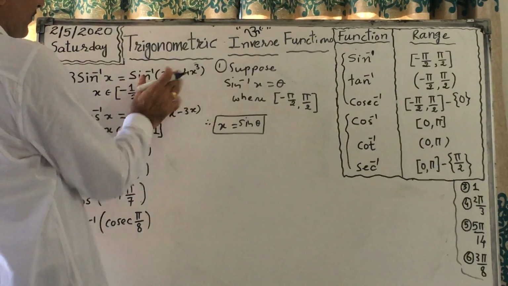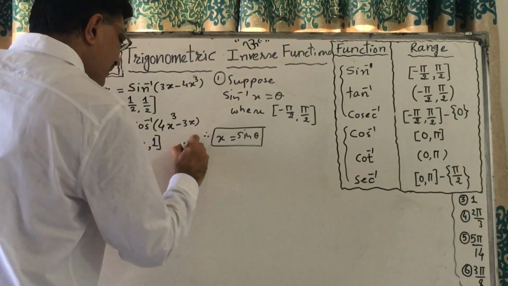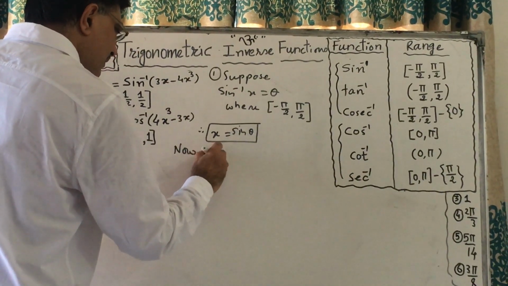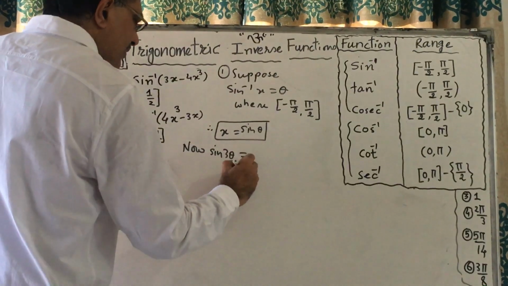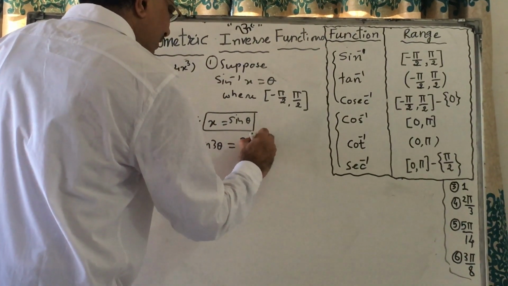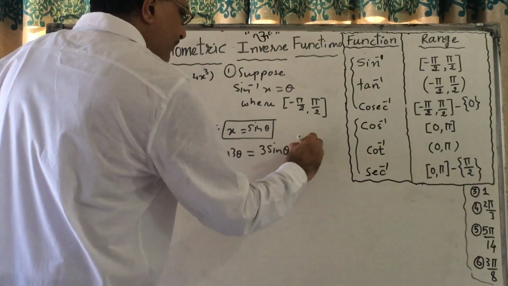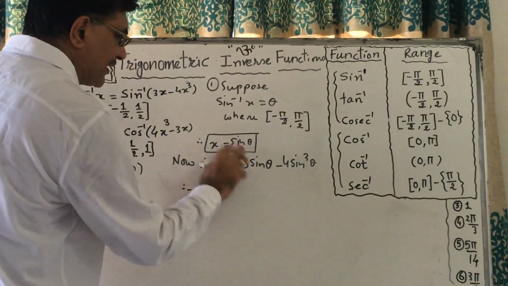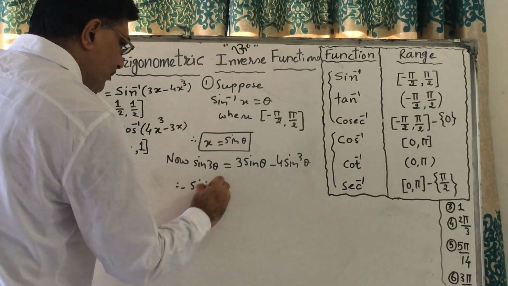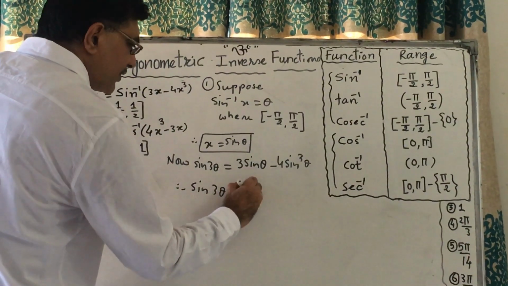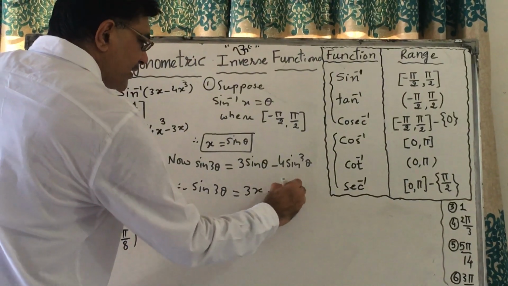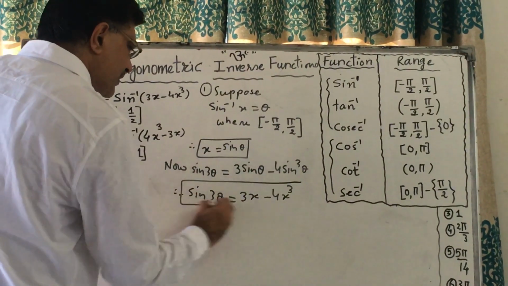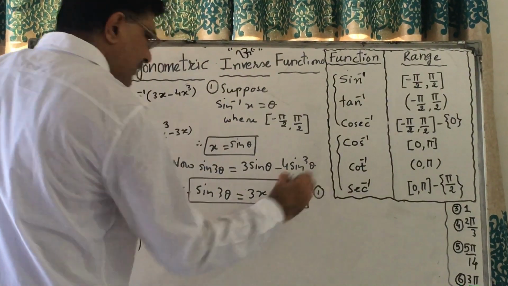Now, from this we have to take sin 3 theta. Sin 3 theta means 3 sin theta minus 4 sin cube theta. Putting the value of sin theta as x here, sin 3 theta equals 3x minus 4x cube. This is equation 1 for us.